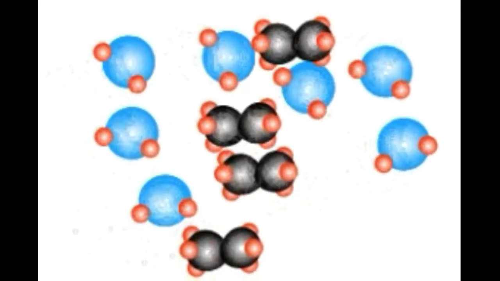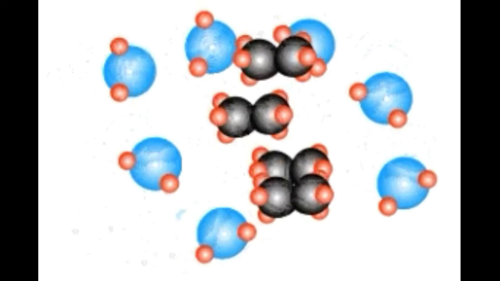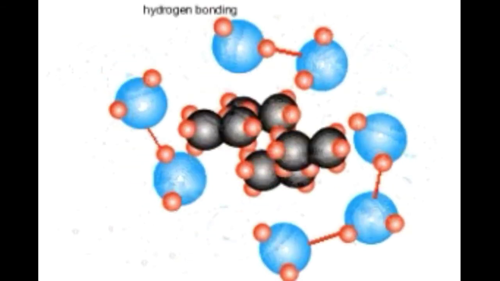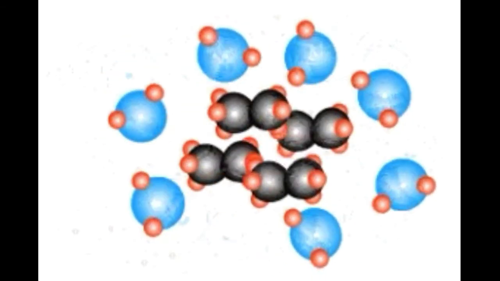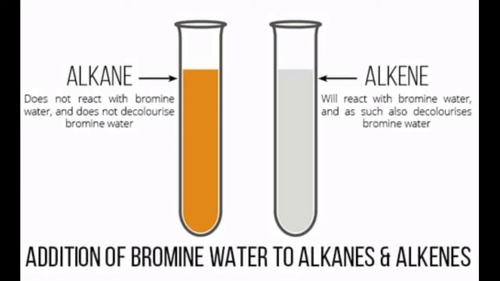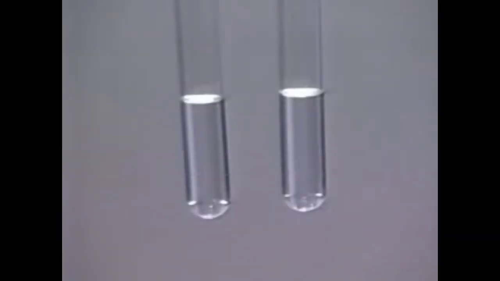Now you'll watch a video to test and to identify saturated and unsaturated compounds. In this video, you have to observe the addition of bromine water to alkanes and alkenes. The tube on the left contains the saturated hydrocarbon cyclohexane. The tube on the right contains the unsaturated hydrocarbon cyclohexene.